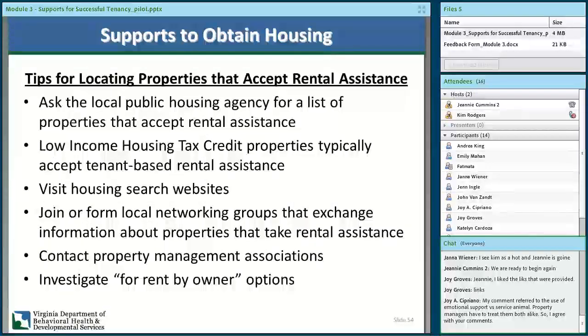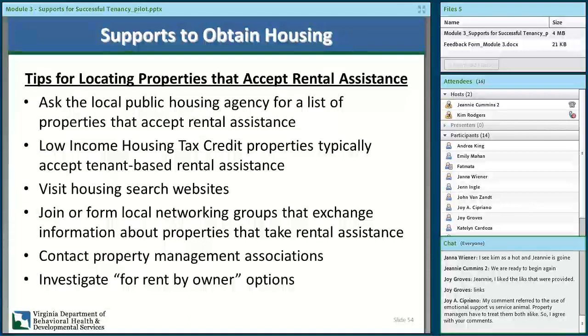First, let's look at tips to help community housing guides locate properties that accept rent assistance. Instead of taking a scattershot approach and calling every property in the community, consider a more targeted approach that involves the following steps. Start by contacting the local public housing agency and ask for a list of properties that accept rent assistance in your community.